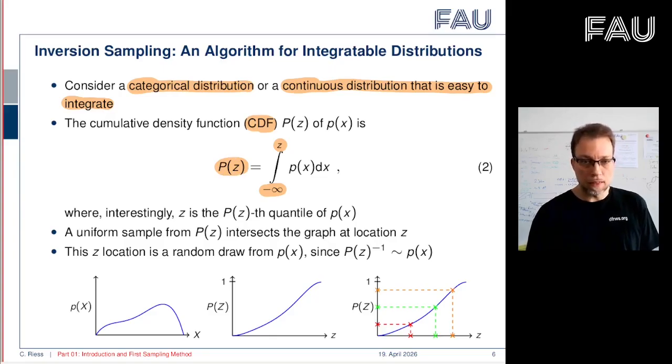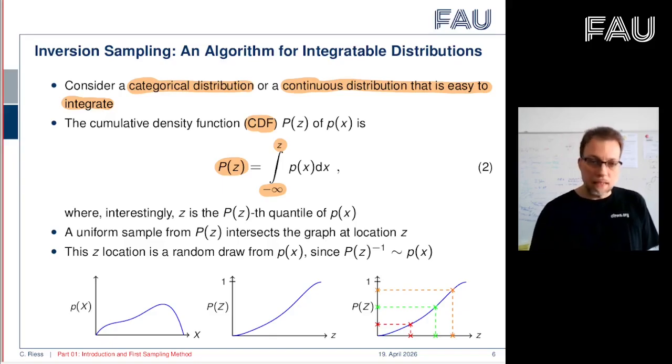So if you look at this, you can say, okay, from my statistics class, I know that z is the P of z-th quantile of the probability density function.